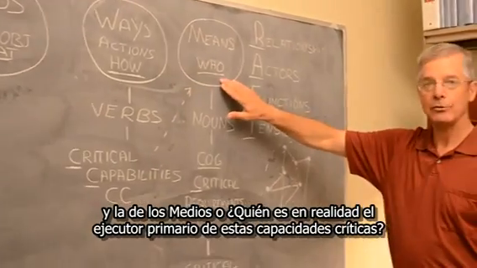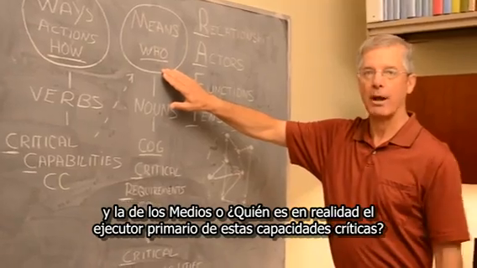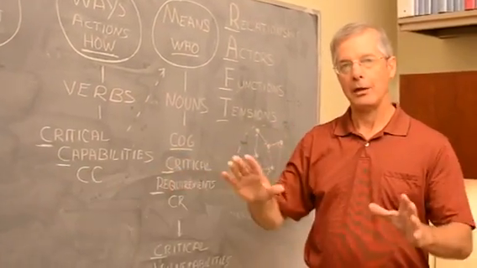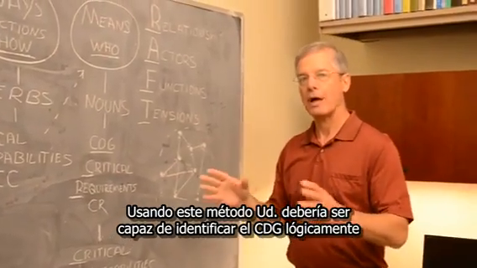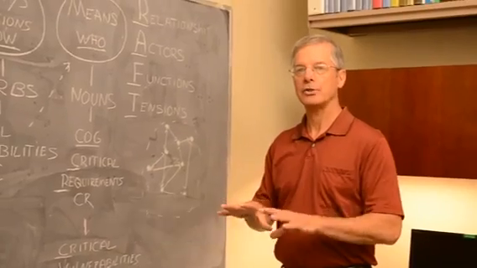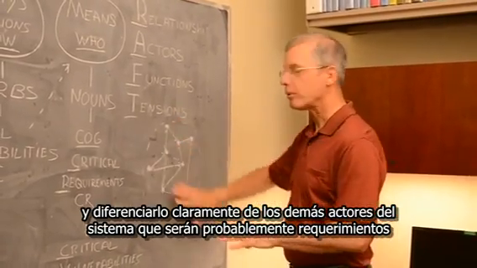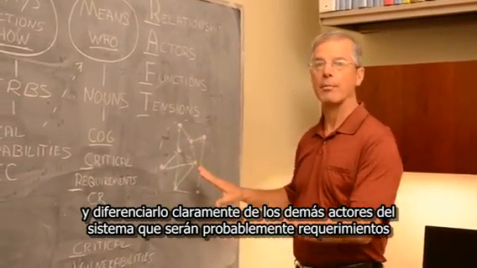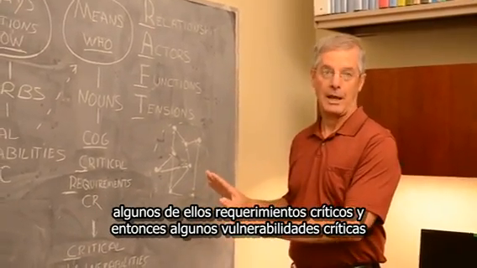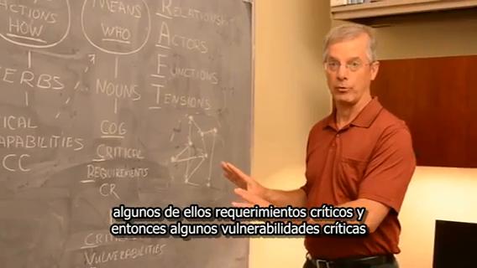And then the means: who actually is the primary executor of this critical capability? Using that method, you should be able to logically identify a center of gravity and clearly differentiate it from the other actors in the system that are probably requirements, some of which are critical requirements, and of those, some of them may be critical vulnerabilities.